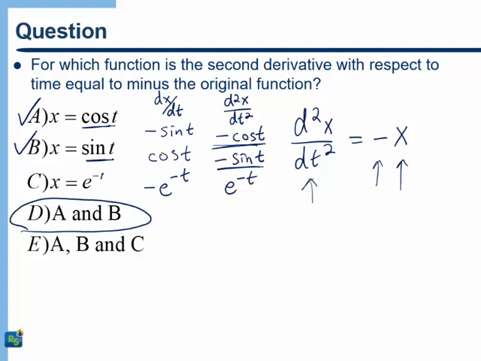That one works. E to the minus t, however, doesn't work, because you'll notice we didn't get back to minus the original function. In fact, e to the minus t would be a solution if this minus sign weren't there. So that's not a solution, and that's why the answer is just A and B.